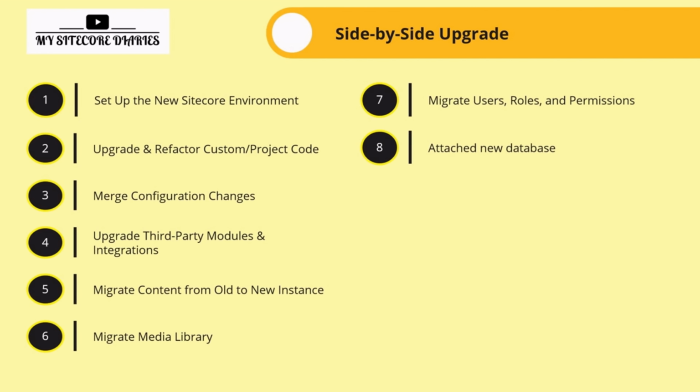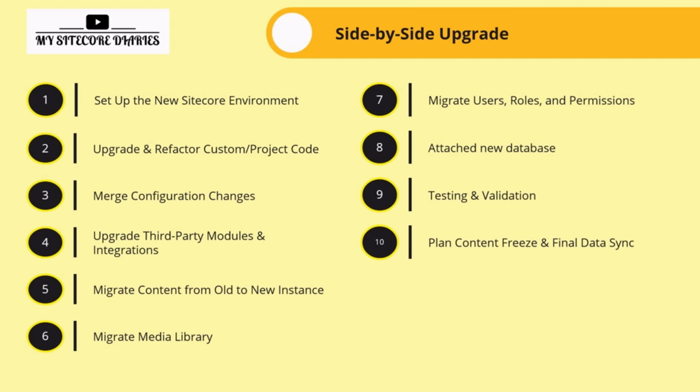Once your database is updated, you can attach the new database to your new Sitecore instance so that it refers to all the upgraded content. Then deploy your code, and test and validate that it is working. Use your testing strategies, and depending on that you can validate your code.